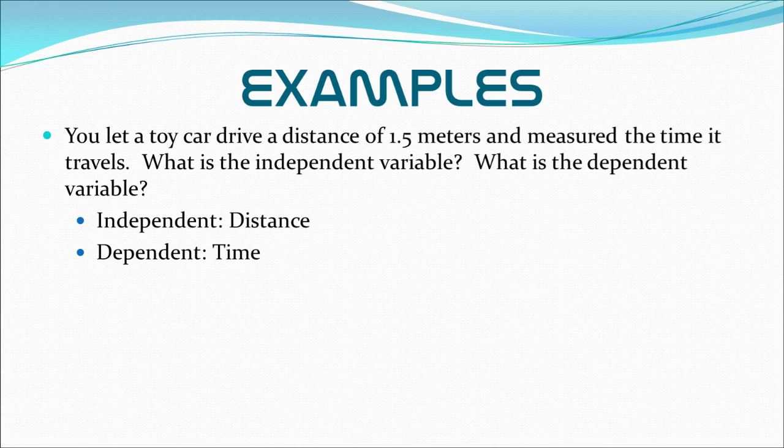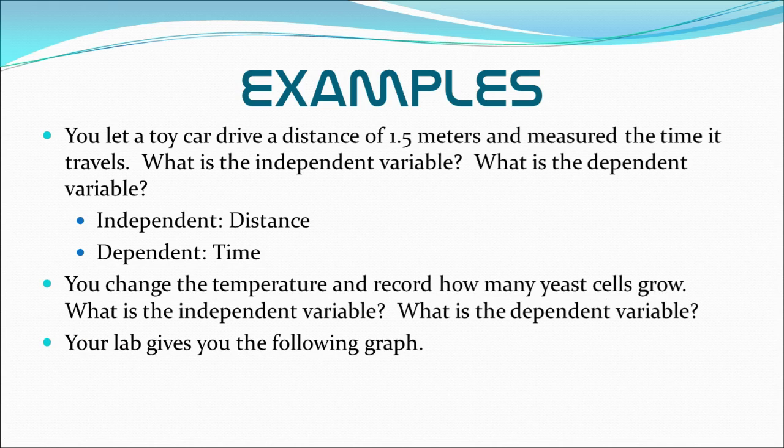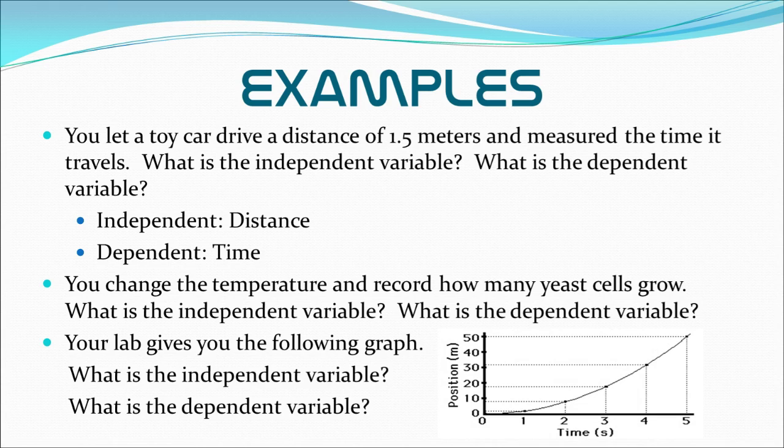I measured time, so it's my dependent variable. I would plot time, my dependent variable, on the y-axis, and distance, my independent variable, on the x-axis. On your own, use this lab information to find the independent and dependent variable.